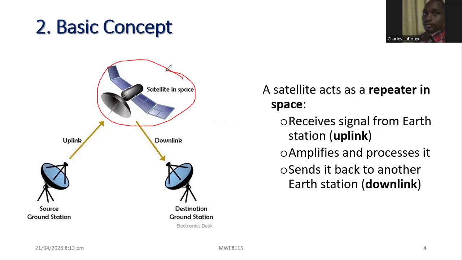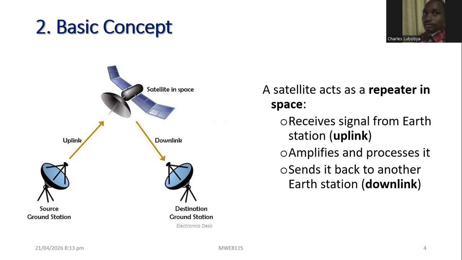Once it goes through some more amplification, the noise is filtered out, and the signal is further transmitted down using the downlink. So it sends back to another Earth station using the downlink, as you can see here. So that's essentially the concept behind the satellite system. It is essentially there to relay signals from one ground station to another ground station. And these satellites are usually launched in space where they act as repeaters.